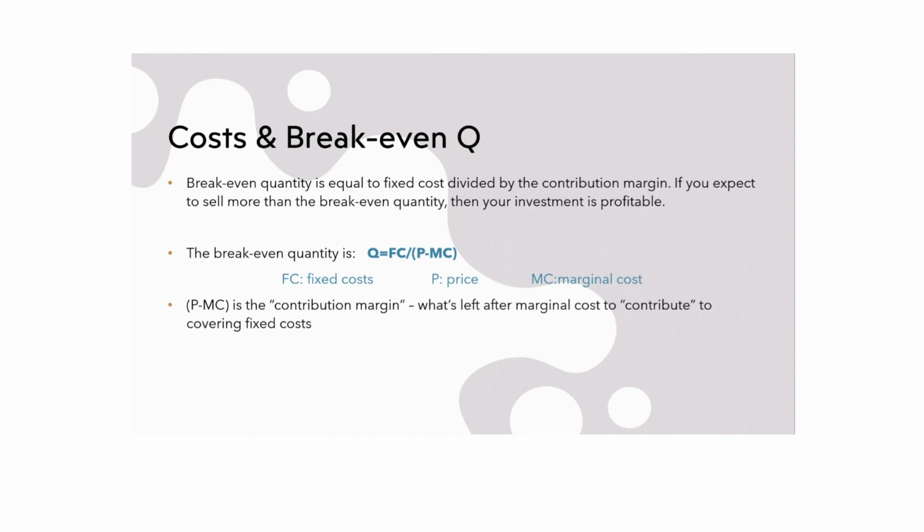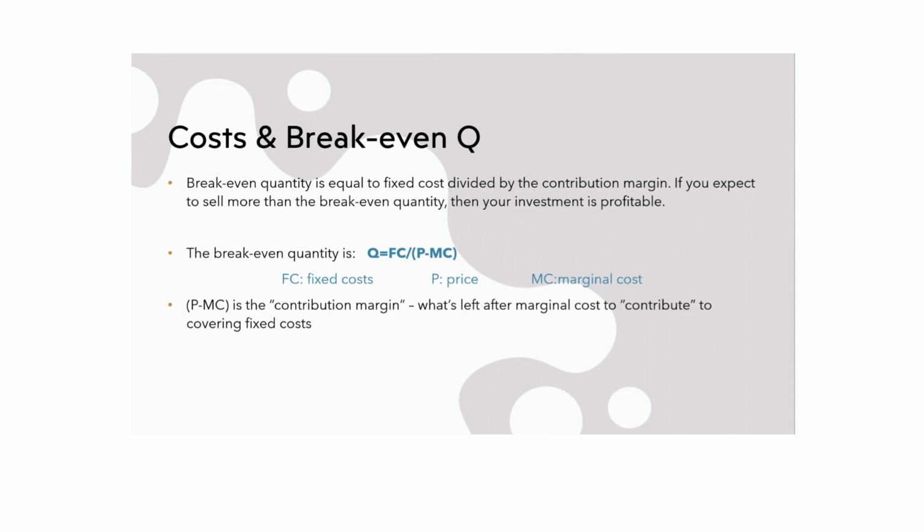So if this is a large value, it means that we have price greater than MC, or the MC is smaller. If we have a small value for MC, we have a bigger divisor for fixed cost, and that will result in a smaller break-even quantity.